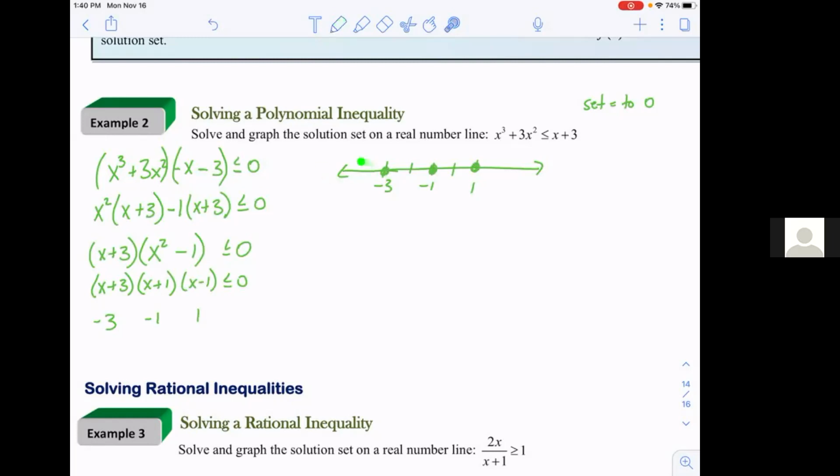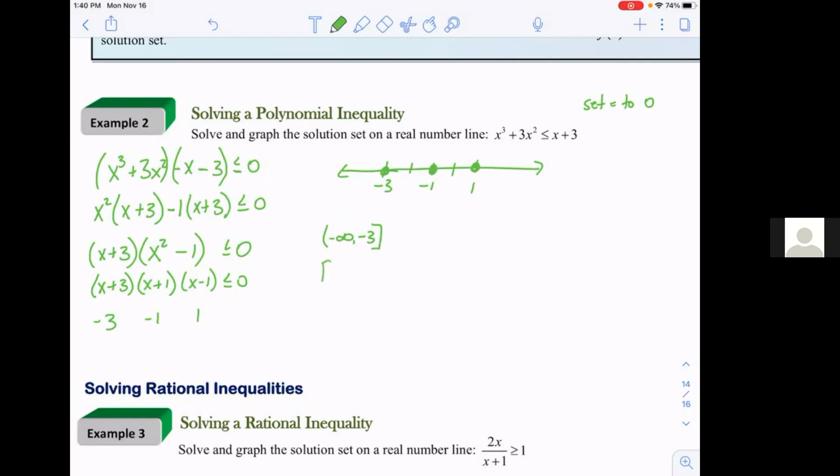So this very left-hand interval, it's going to go from negative infinity to negative 3. So that's what we're going to write down. Except I have to pay attention to it. I'm going to give that a bracket now because we're going to be in interval notation and we're including points.